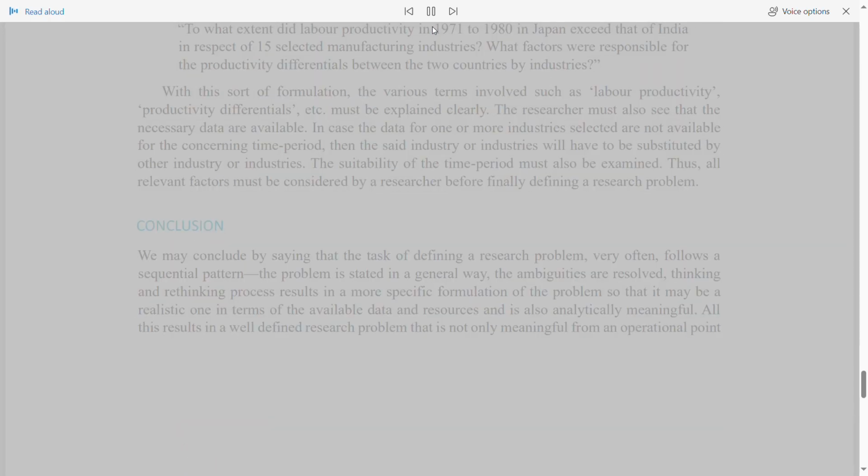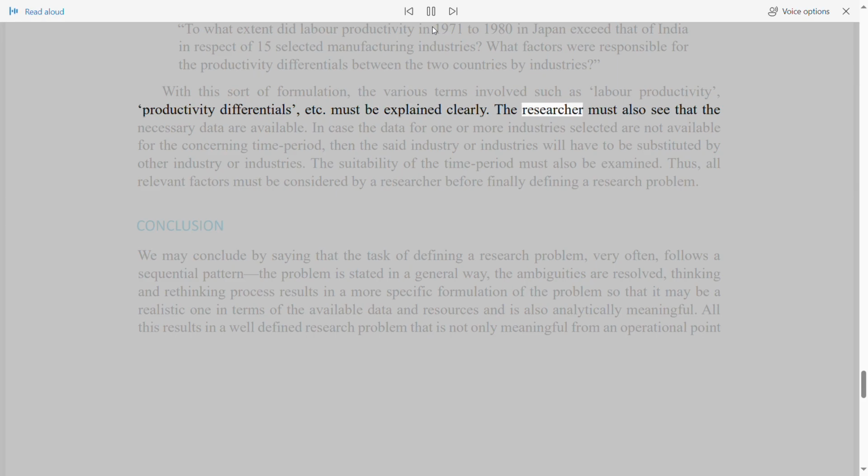To what extent did labor productivity in 1971 to 1980 in Japan exceed that of India? In respect of 15 selected manufacturing industries, what factors were responsible for the productivity differentials between the two countries by industries? With this sort of formulation, the various terms involved such as labor productivity, productivity differentials, etc. must be explained clearly.